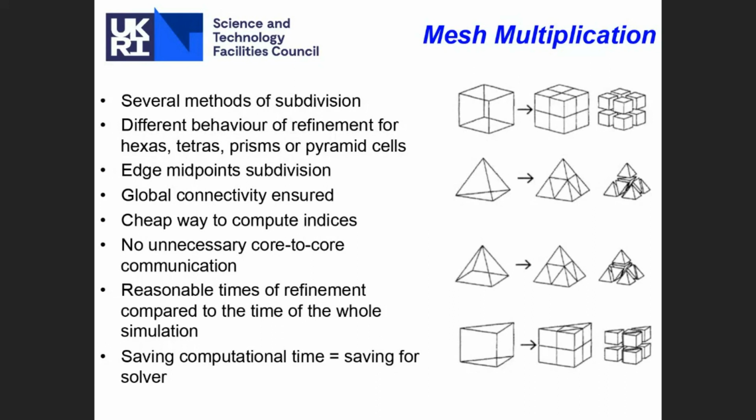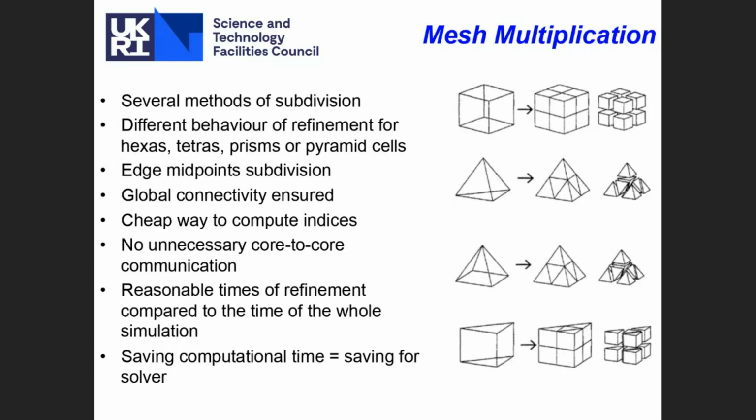So a cube would be split into 8 cubes, a pyramid, I think, into 12 small pyramids, a tetrahedron into 8 tetras, and a prism again into 8. This is done on the fly, can be done locally per processor, and is extremely fast.